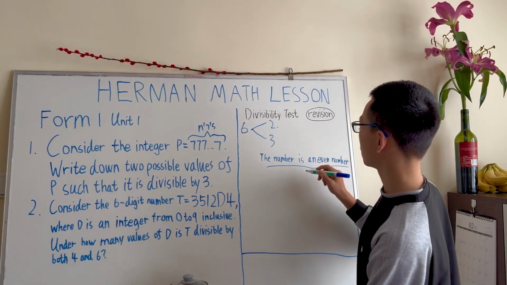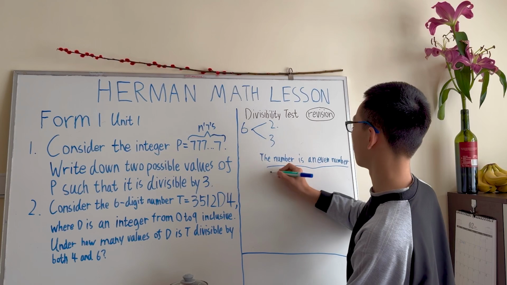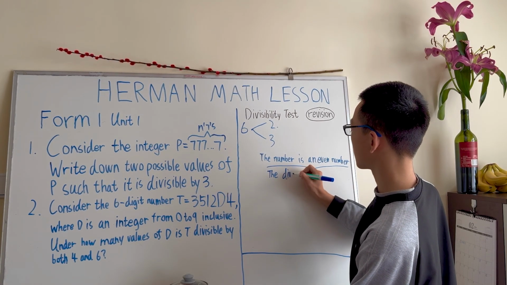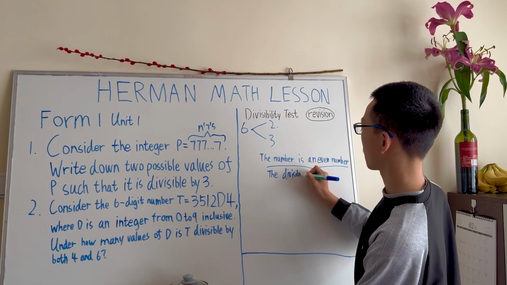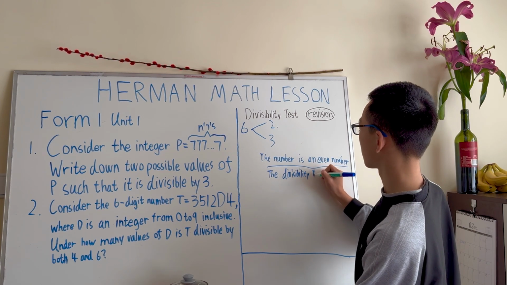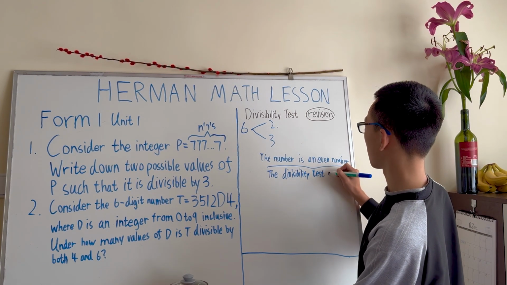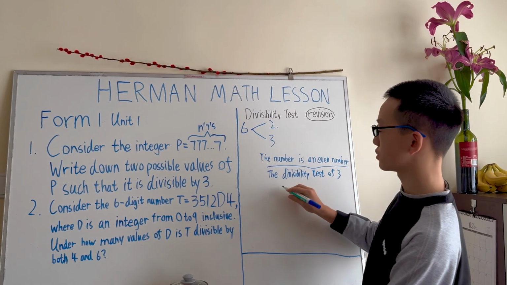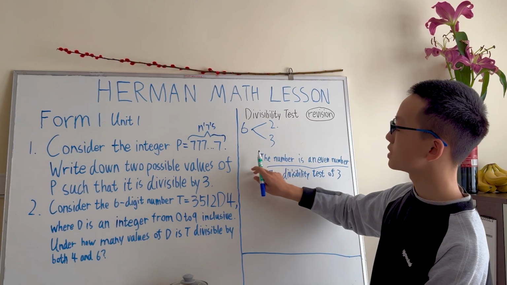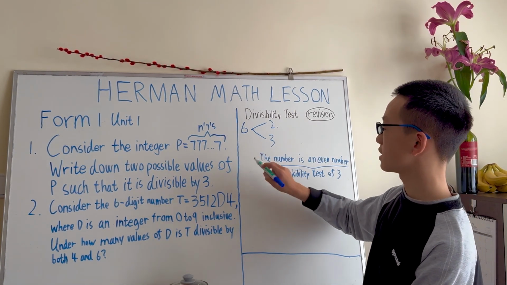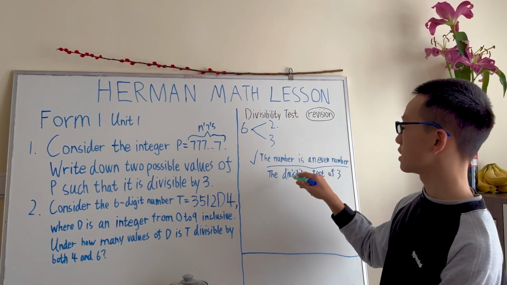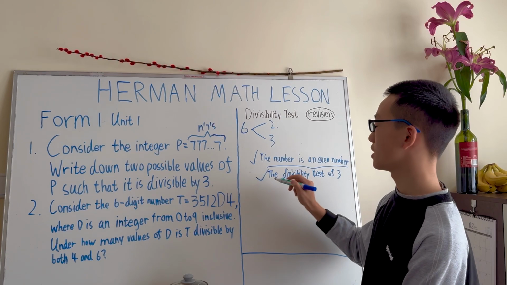And we also need to look at the sum, the divisibility test of 3. We add the digits together, and if a number is divisible by 6, then it is an even number, and it is divisible by 3.